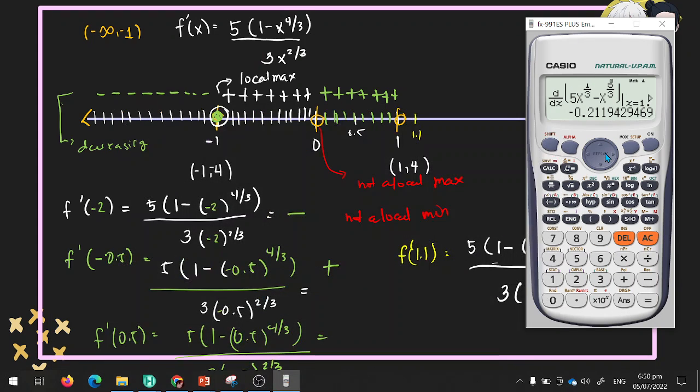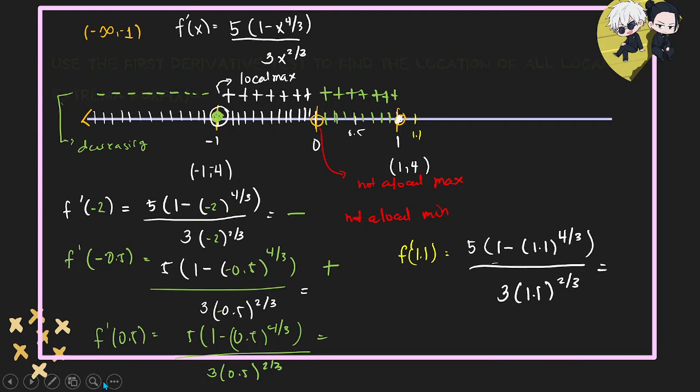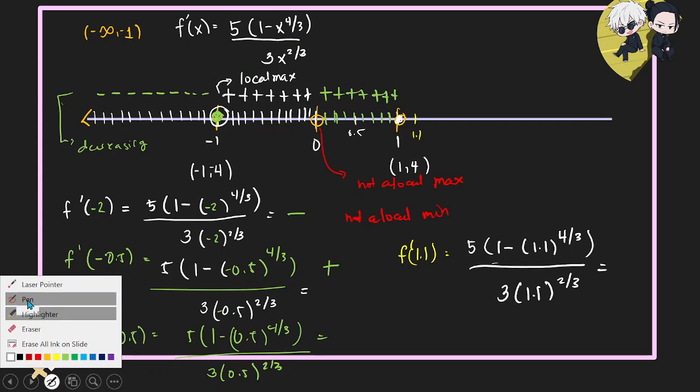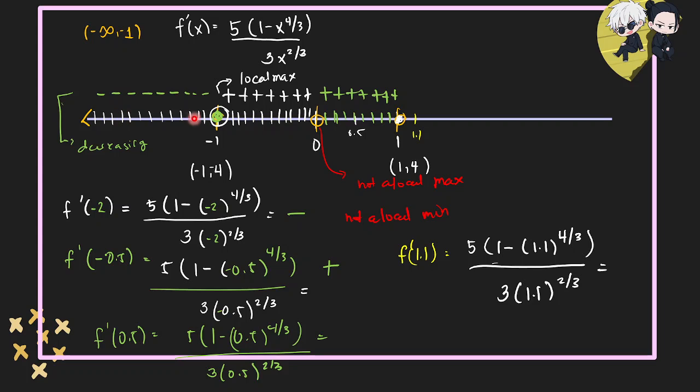What's the answer? Negative. So ibig sabihin, habang dumadaan yung function from here to here, umingkris siya. Pero pagdating sa 0, umingkris pa rin siya. Pero pagdating dito sa 1, bumaba siya. So therefore, this function is negative, negative, negative.